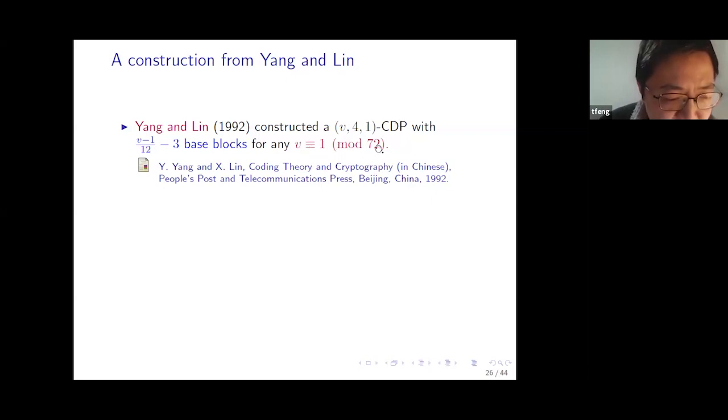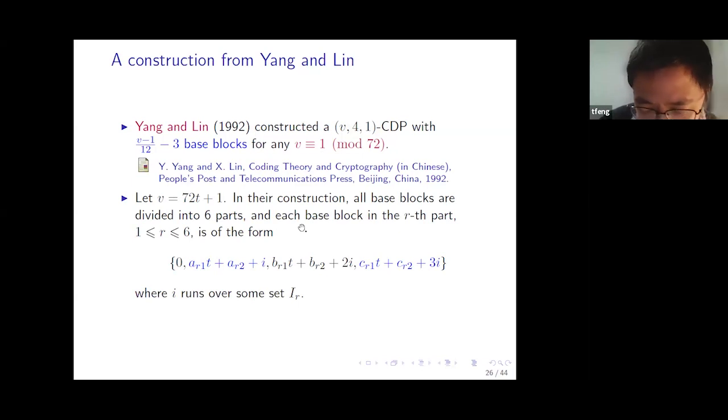It satisfies the necessary condition of a cyclic difference family with block size 4. And the number of base blocks of a cyclic difference family should be (v minus 1) over 12. But they could only construct (v minus 1) over 12 minus 3 base blocks. So they construct a packing, not a design.